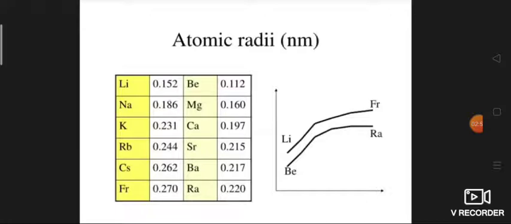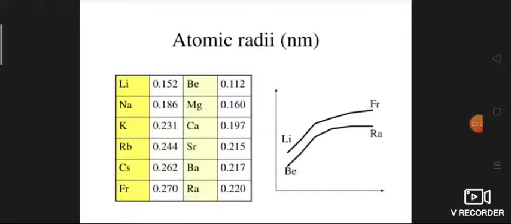So this is the order of increasing atomic size in the group. Lithium is smaller than sodium, potassium, rubidium, francium, because the number of shells increases and shielding increases, so atomic size increases because the shielding effect predominates over nuclear charge.